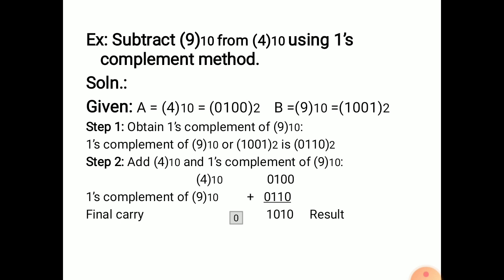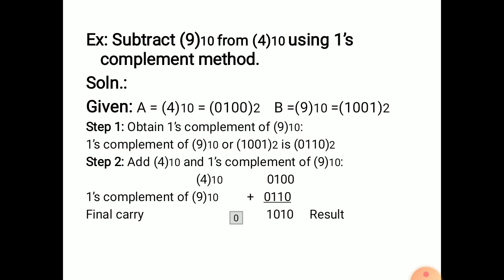First, write down the given. Given A is equal to 4 to the base 10, whose binary equivalent is 0, 1, 0, 0 to the base 2, and B is equal to 9 to the base 10, which is 1, 0, 0, 1. Step first, obtain 1's complement of 9.